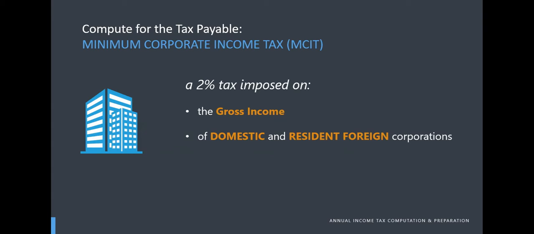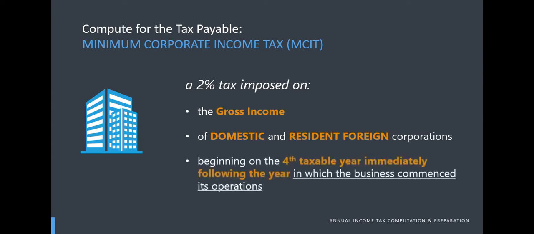Non-resident foreign corporations are not subject to the imposition of the minimum corporate income tax. The imposition of this tax begins on the fourth taxable year immediately following the year in which the business commenced its operation.